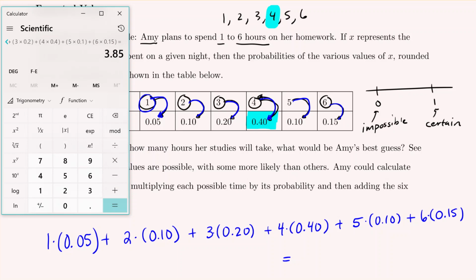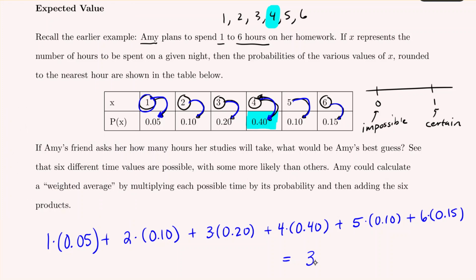Adding that all together, we get 3.85. So the expected amount of time she'd spend studying as an exact measure would be 3.85.